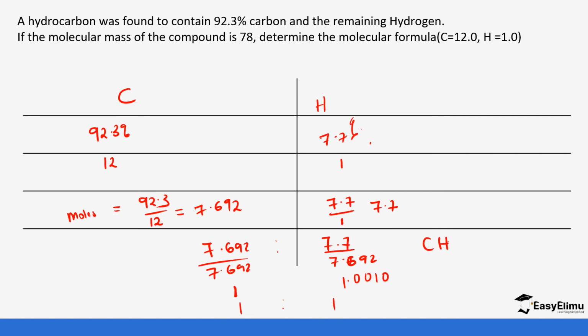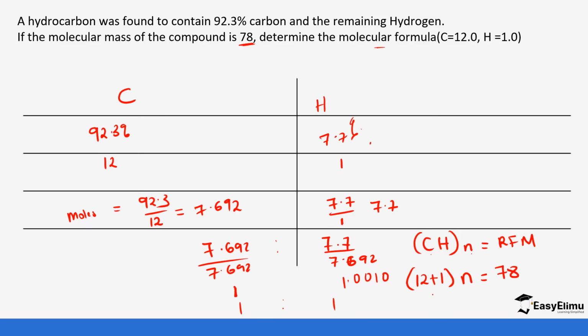So we are not done. You have been told the molecular mass of the compound is 78. Determine the molecular formula. So we said it is the empirical formula times n is equal to the relative formula mass. So the empirical formula times n, when you look at the atomic masses of carbon and hydrogen, is 12 plus 1, then times n is equal to the relative molecular mass you've been given, which is 78.